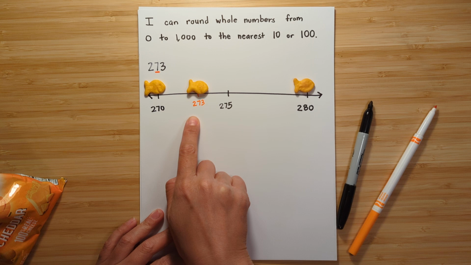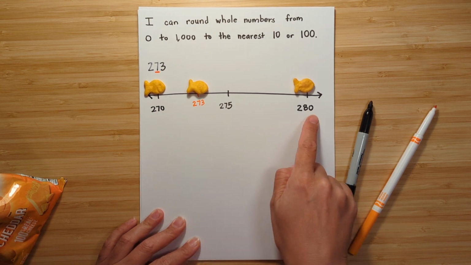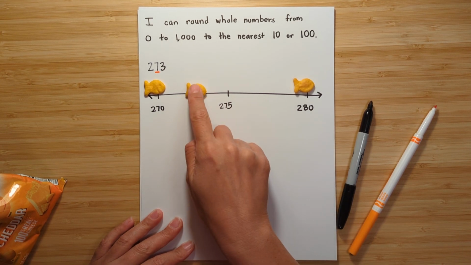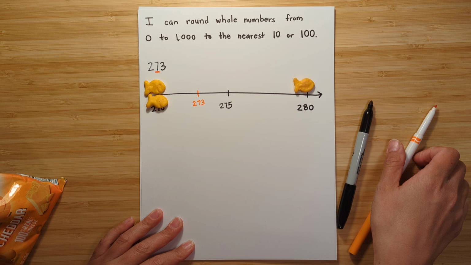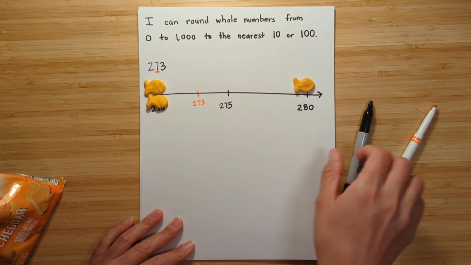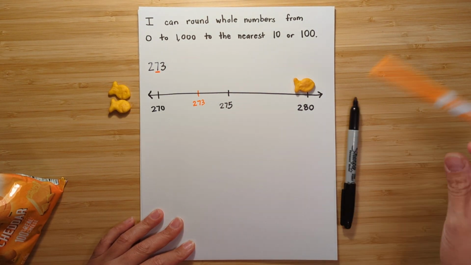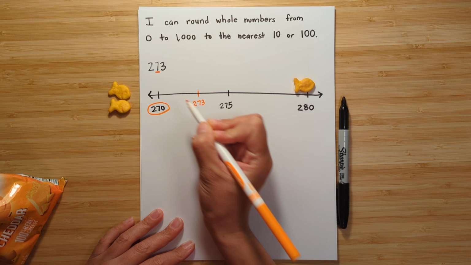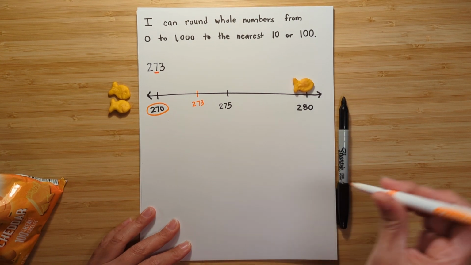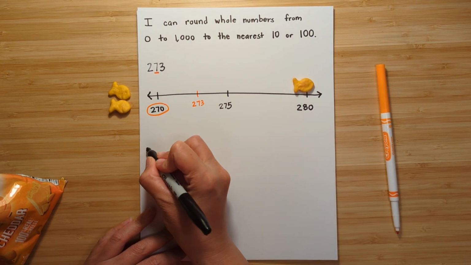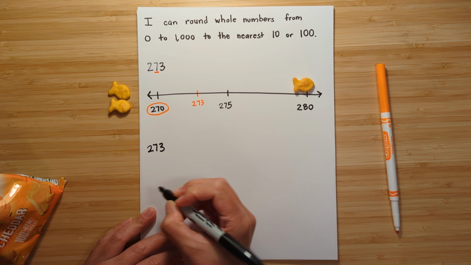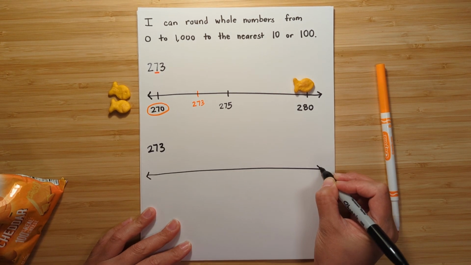Is 273 physically closer to 270 or is it physically closer to 280? Obviously, it's closer to 270, right? So 273 rounded to the nearest 10 is 270.